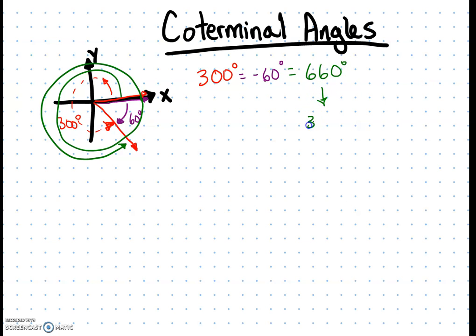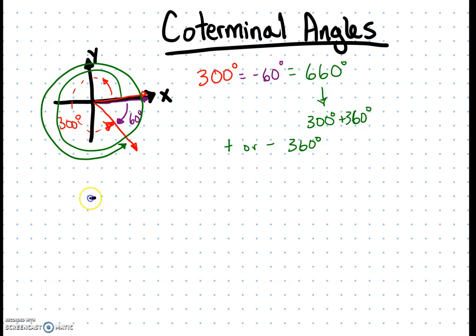That was my original 300, and I've added on another 360. So we've traveled all the way around the circle again. 660 degrees is a coterminal angle with the 300 degrees. An easy way to remember how to get a coterminal angle is just to add or subtract 360 degrees, and you'll find a coterminal angle.